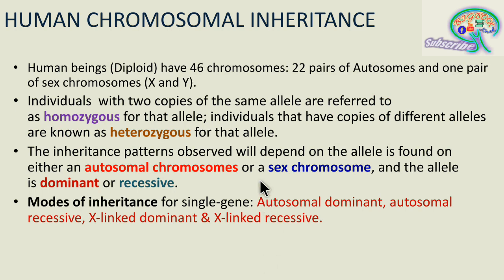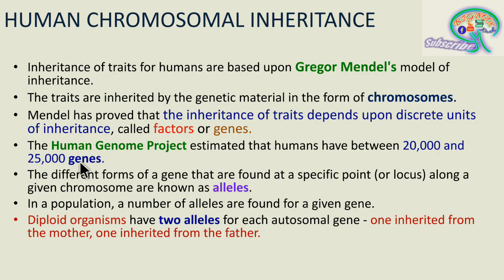Human beings have 46 chromosomes: 22 pairs of autosomes and one pair of sex chromosomes, X and Y. As we said on the previous slide, diploid organisms have two alleles for each autosomal gene, one inherited from the mother and one from the father.